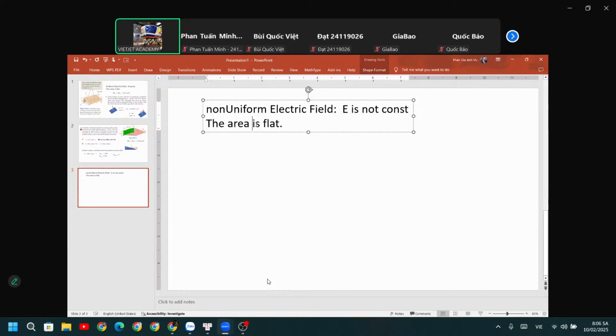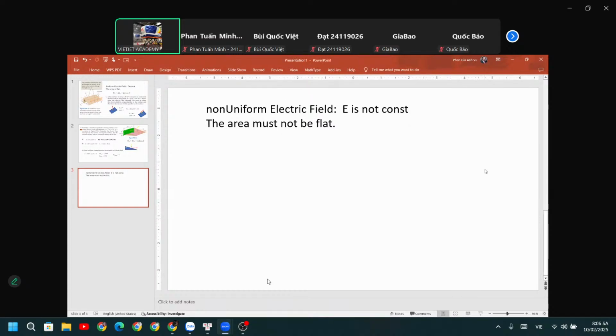The area must not be flat. It can be flat or it can be not, right? So in this case, you have to use the integral technique again, right? So you have to use the integral.